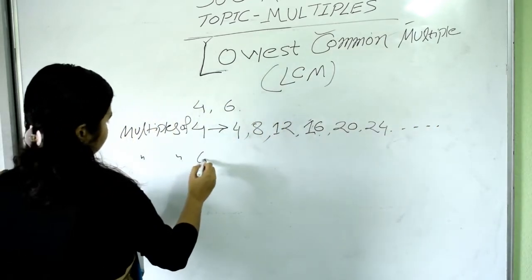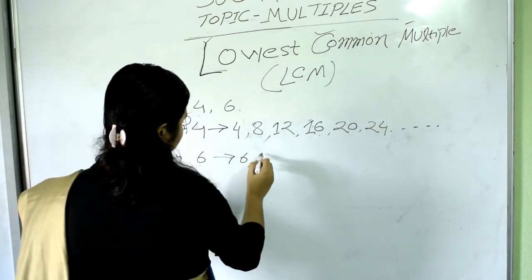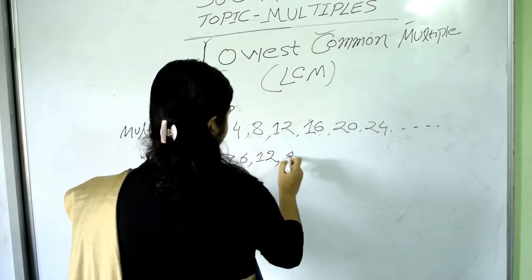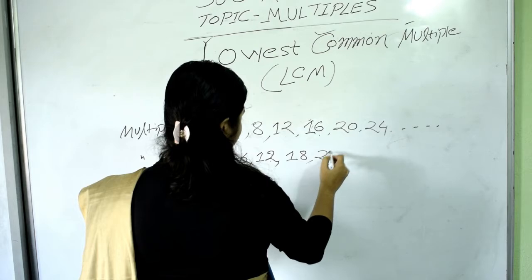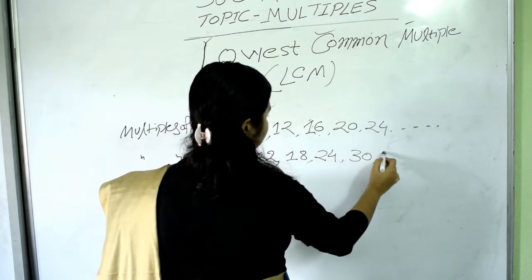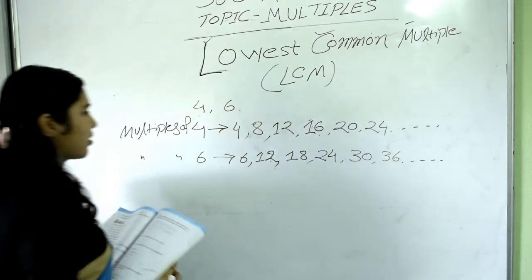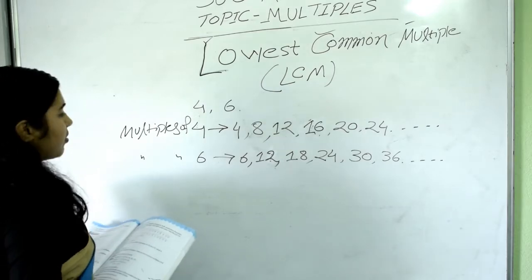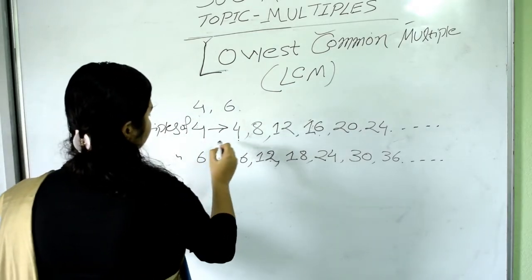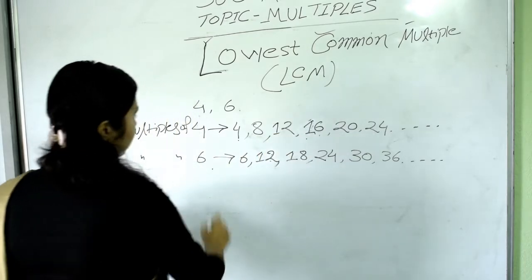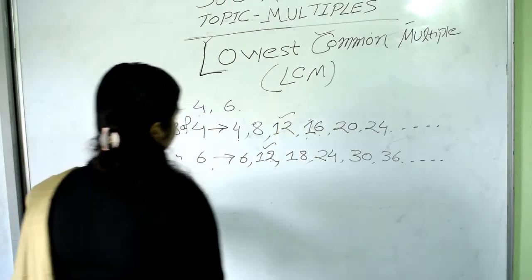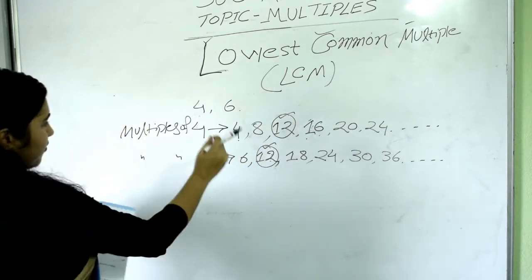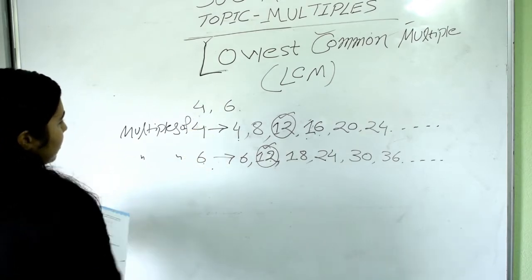And the multiples of 6 are 6, 12, 18, 24. Now the common multiple of 4 and 6 is 12. This is the first common multiple of 4 and 6.